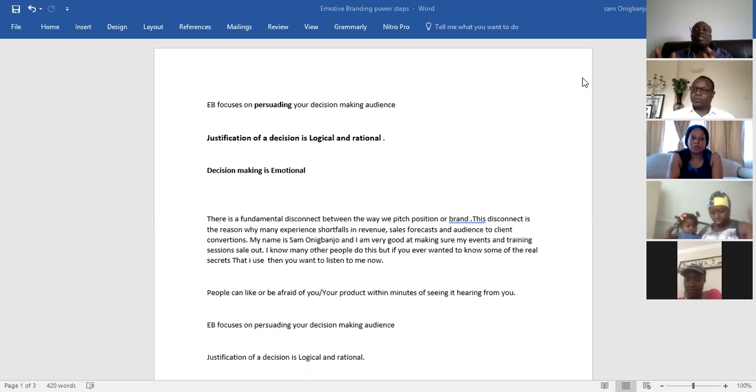So on one hand, if you're addressing people from your neocortex, it's not a good idea to do that with them. But if you're addressing people emotion to emotion, it's the best place to stay. Justification of a decision is always logical and rational.